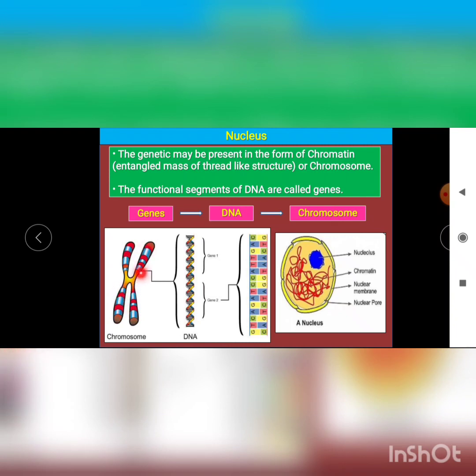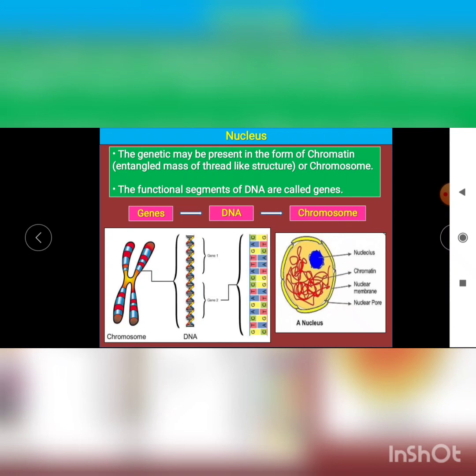When you unwind it, you'll see it is made up of long strands of DNA, and again DNA is made up of many genes. Here is mentioned gene 1, gene 2, like that, and each gene is made up of various, can you see these letters? These are nucleotides, and they make up our gene.